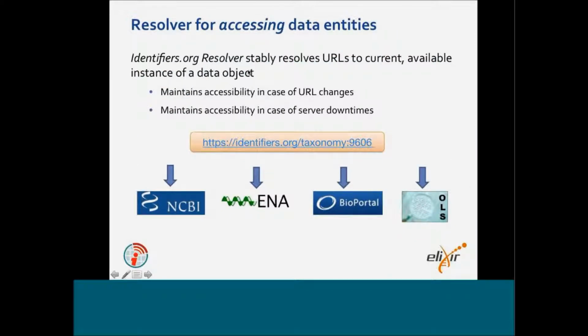So the identifiers.org resolver service stably resolves URLs to the current available instance of a data object, and we maintain the URL changes and server downtimes to support this. For example, if you use taxonomy:9606 and pass it to the identifiers.org resolver, it will probably redirect you to NCBI because NCBI is a primary resource, and most of the time it's up and running.